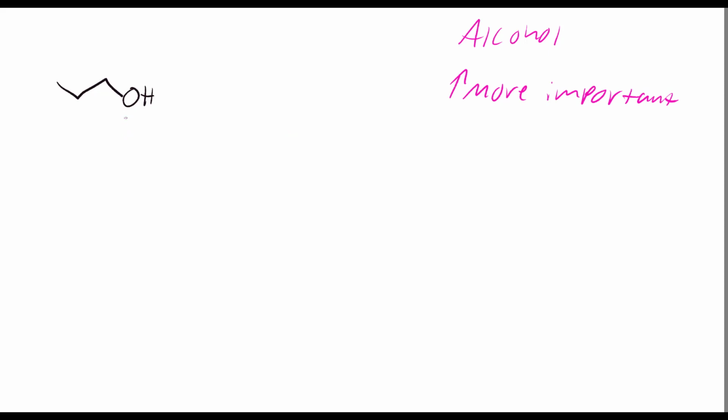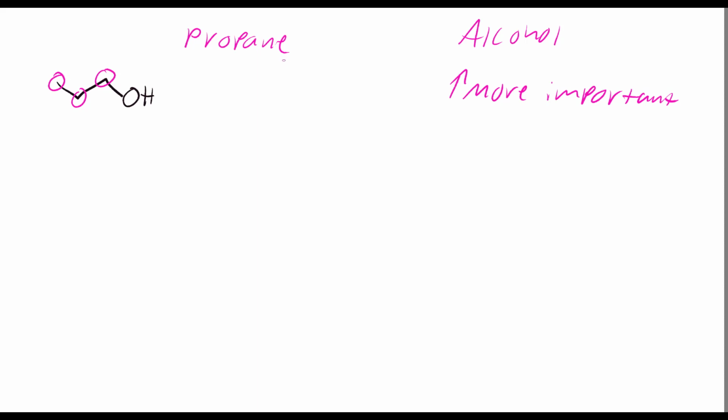So it's actually kind of easy to name alcohols, especially when they're just simple alkanes attached to it. So again, we're just going to count how many carbons we have. We have 1, 2, and 3. This does not count. This is actually just an oxygen bond, so it's just three carbons. If it's 3 carbons, then it's going to be propane, right?